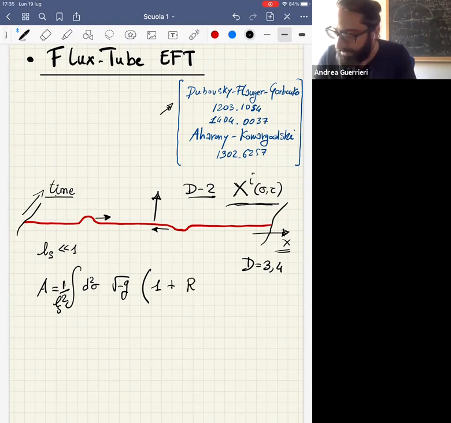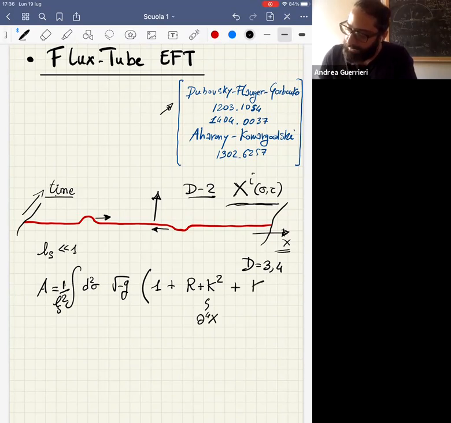Now, let me tell you schematically that there will be some higher derivative operators, which contain 4 derivatives, like d^4 x. And then we will have another operator that I call K^4, schematically, plus dot, dot, dot.